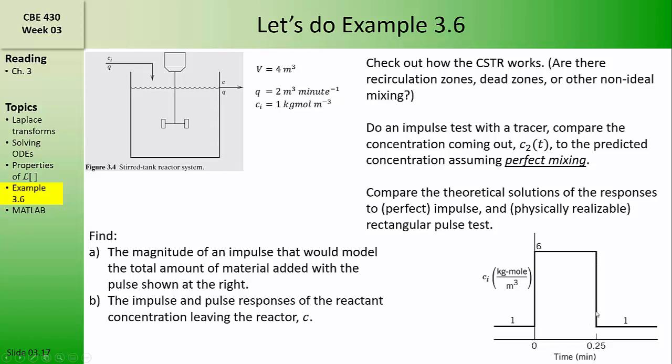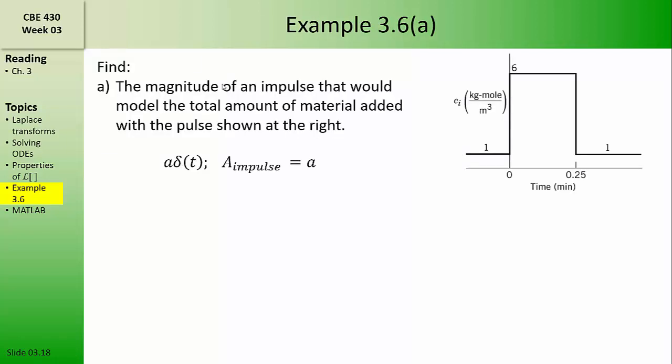And then after 15 seconds, the concentration of the tracer is dropped back down to the steady state value. Then in part B of the example, we'll find what the impulse and pulse responses of the reactant concentration leaving the reactor, that is C, should be for both the pulse and the impulse inputs.